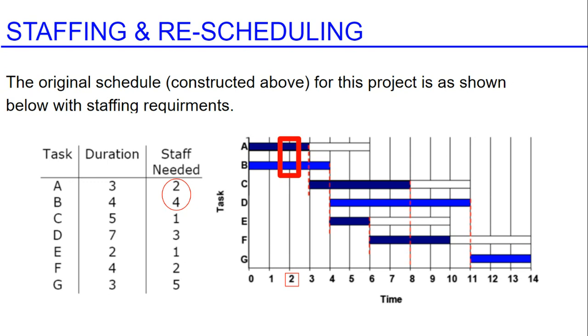We have 2 people that left, and now we have to reschedule and think about how we're going to come up with the available project timeline because we've lost 2 staff that are required. This is an example of rescheduling, which is when activities cannot be carried out in parallel due to staffing shortages.